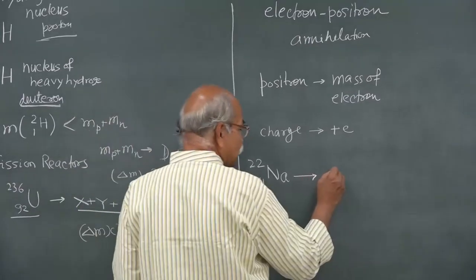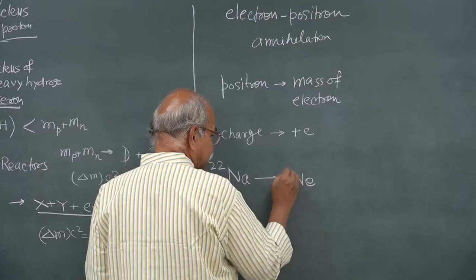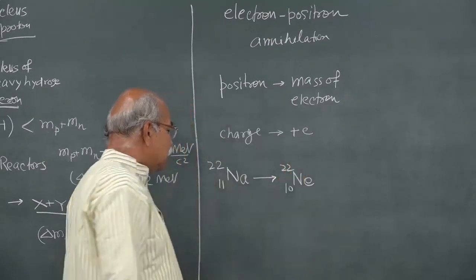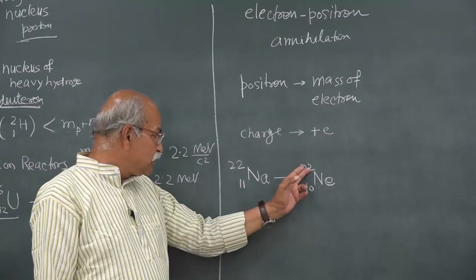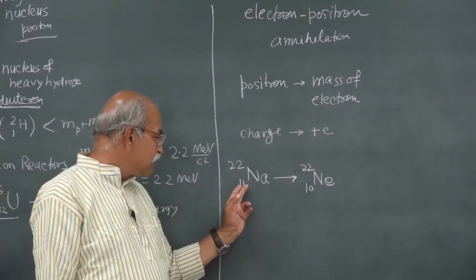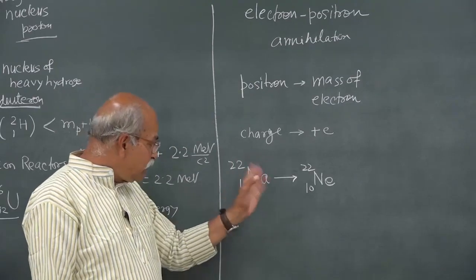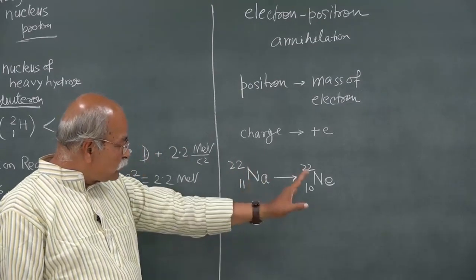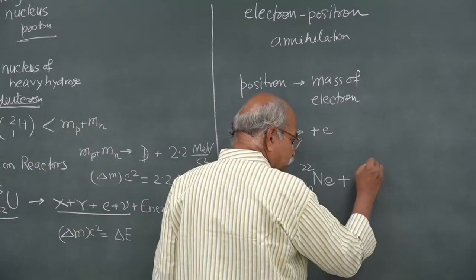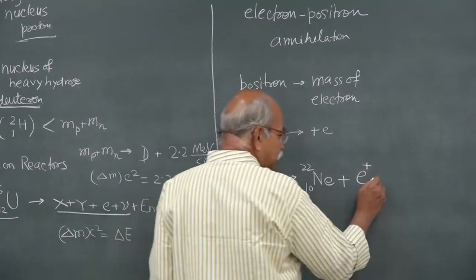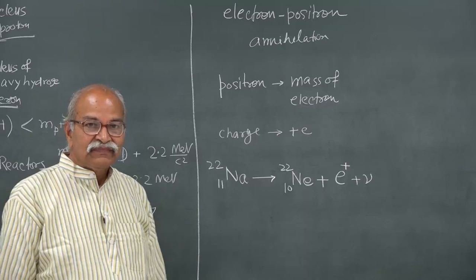So, this becomes neon 22, because here you have 11 protons and 11 neutrons, and here you have 10 protons and 12 neutrons, because one of the protons has converted itself into a neutron. And when a proton converts into a neutron, another particle, the positron, comes out, along with some neutrino and energy and so on.